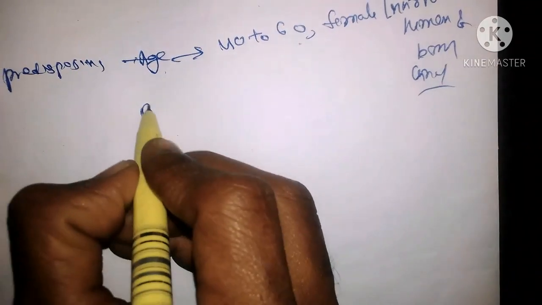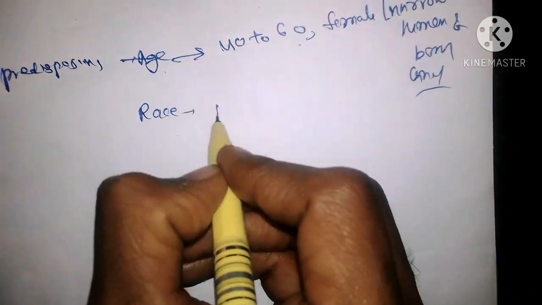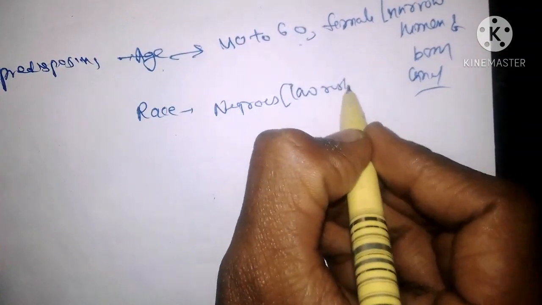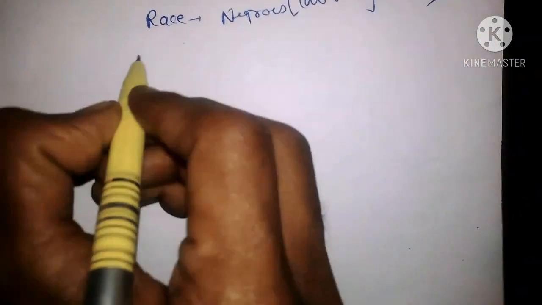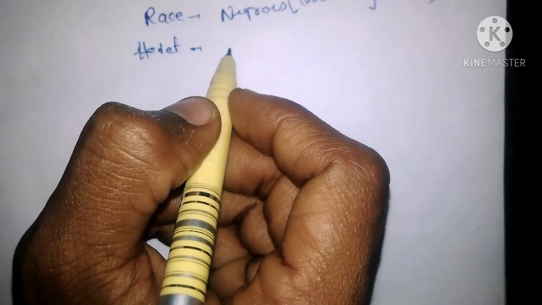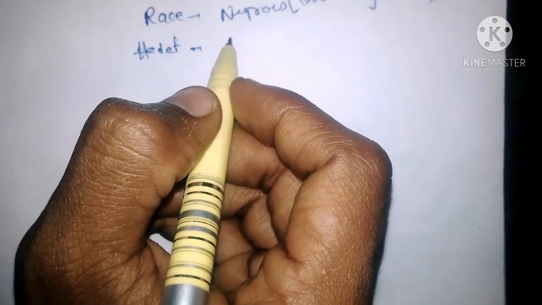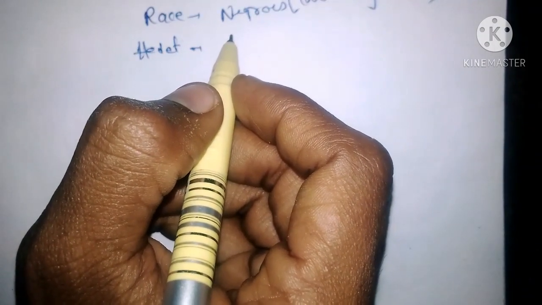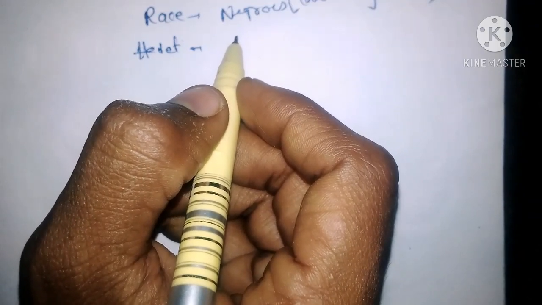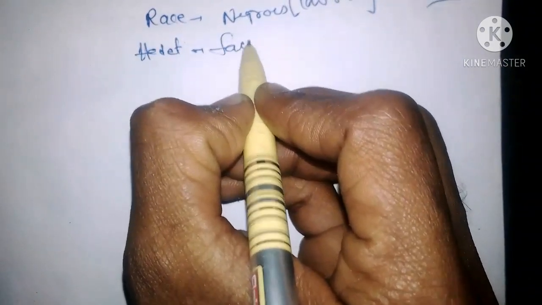If you take race, Negroes, these people are at low risk. Hereditary is one of the important predisposing factors, because every person will have a different facial configuration, right? So this facial configuration will result in some predisposition.